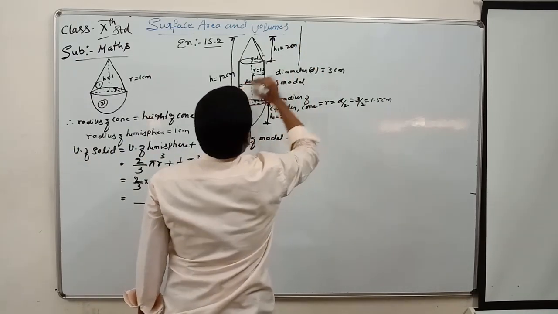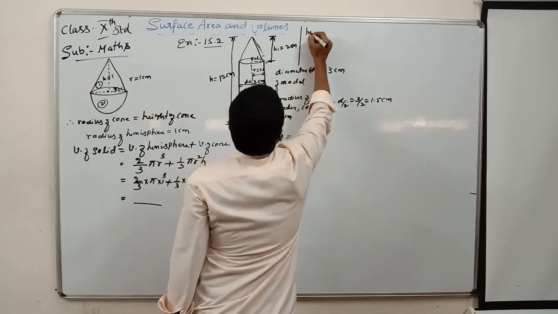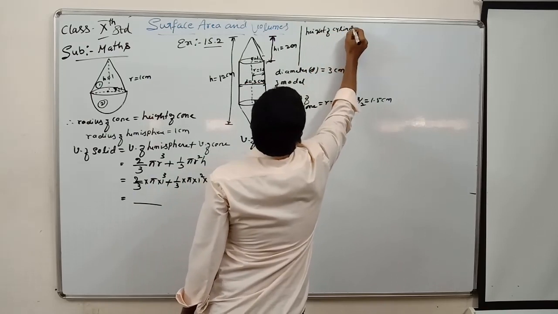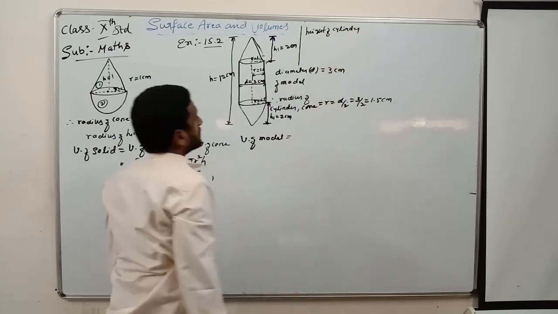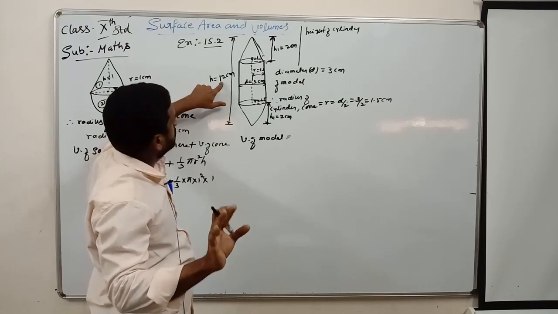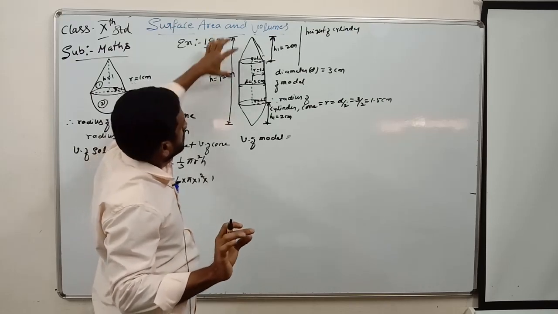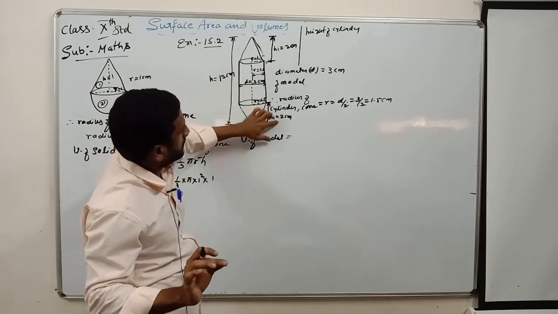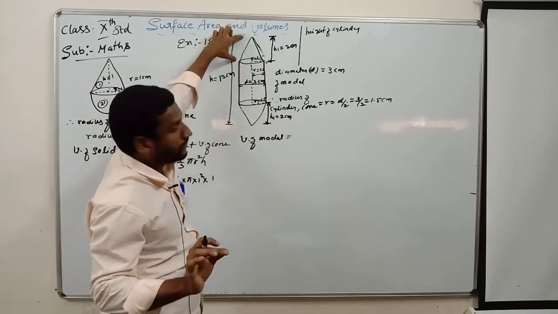First you find out the height of the cylinder here. What is the height of the cylinder? See, the total model height or length is 12 centimeter from here to here. The height of each cone is 2 centimeter. Here 2 plus 2, 4.